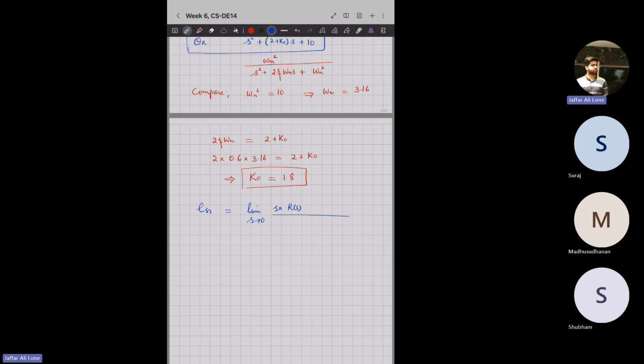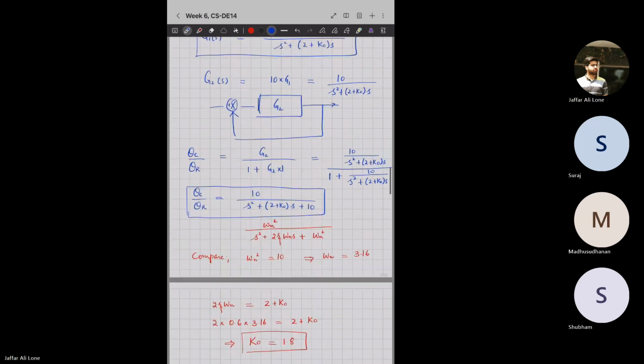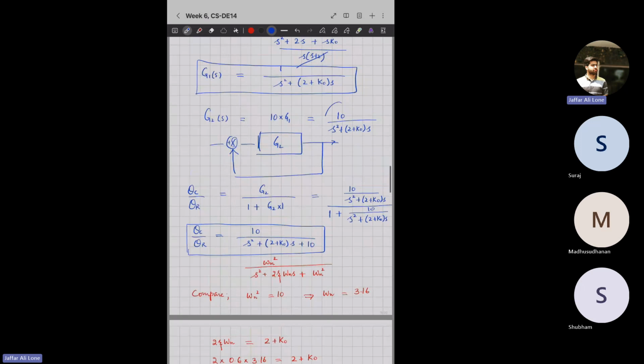It comes very handy, this formula. G of s, H of s is 1, and this R of s is a ramp input. So we'll just put limiting s tends to 0, s into 1 by s square divided by 1 plus the open loop transfer function, which is this.